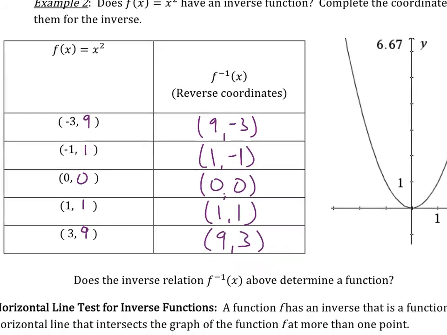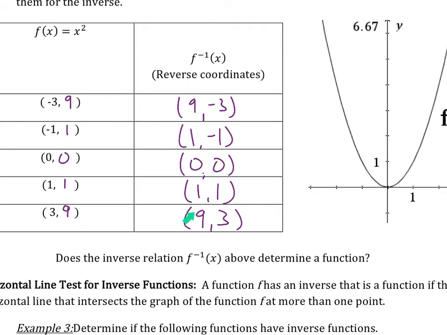So the question is, is this a function? Remember, for a function, every input has to have one output. Well, here it says when 9 goes into this function, we get negative 3. But here it says when 9 goes in, it gets positive 3. Well, this little machine can't make up its mind.